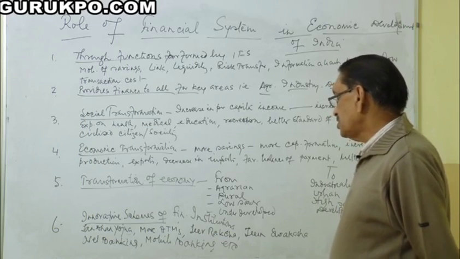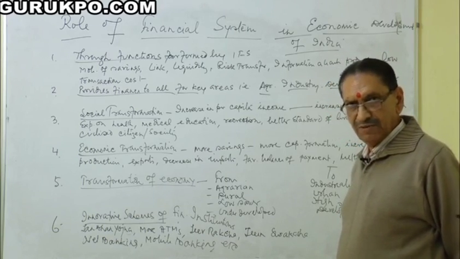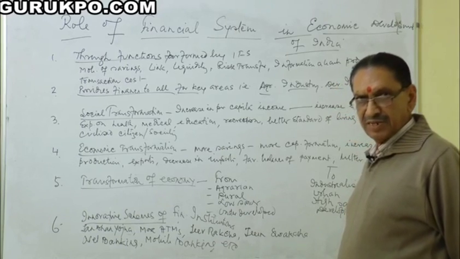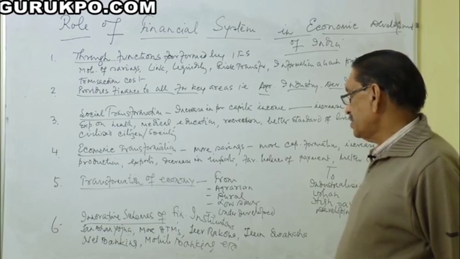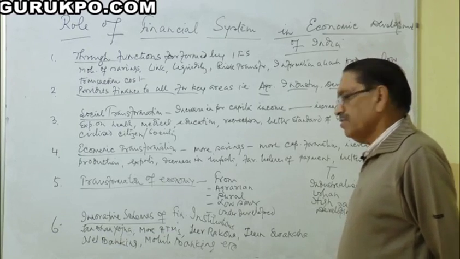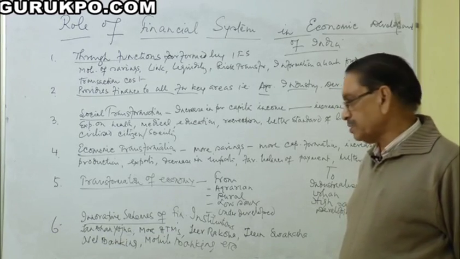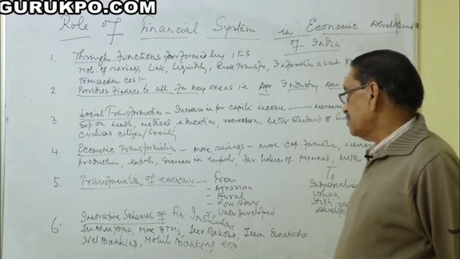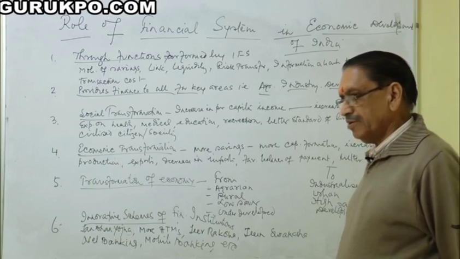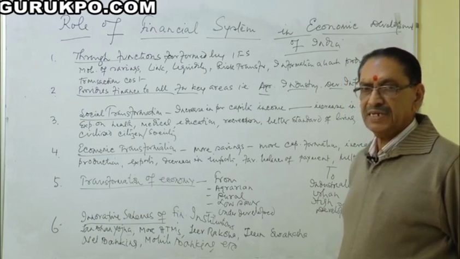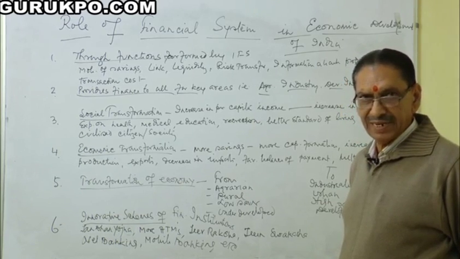One is Jan Dhan Yojana. Jan Dhan Yojana was launched by our Prime Minister last year, and a lot of money has come into banks. One specific scheme in it is that persons who do not have bank accounts are encouraged to open them, and for them the government has come out with a policy of zero balance accounts.